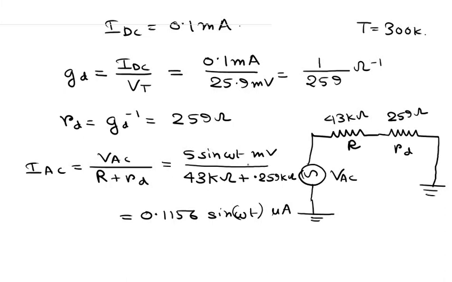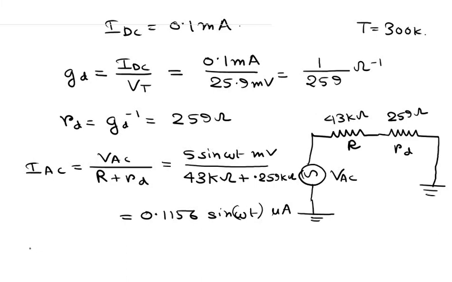When you divide millivolts by kilo ohm, you basically get microampere. So the AC component of the current is 0.1156 sine omega t microampere.